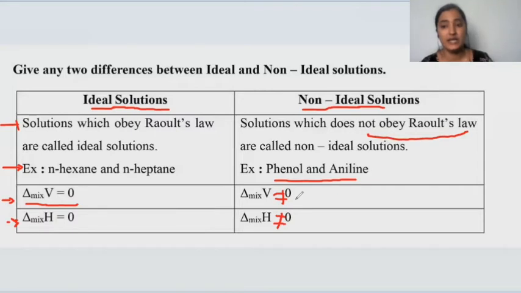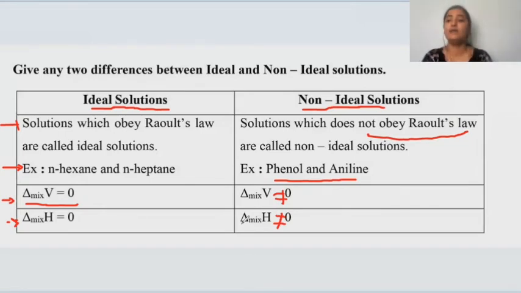That indicates there is a change in volume on mixing those two components, which tells you that the change in volume on mixing is not equal to 0. Similarly, if you consider the change in enthalpy upon mixing those two components, that will not be equal to 0 either.